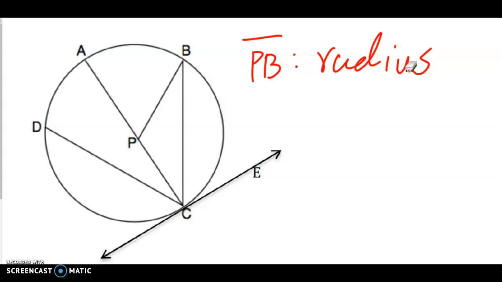Okay, that's the radius. The next segment we are really familiar with is AC. For AC, this is the path through the center, so we will call it diameter.